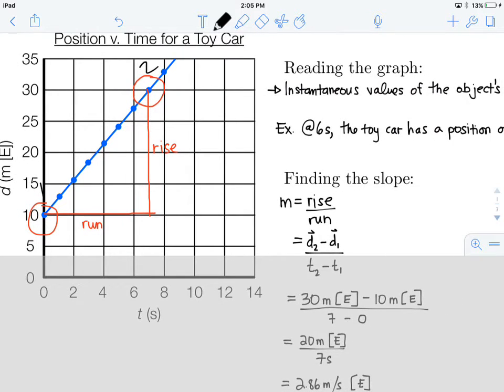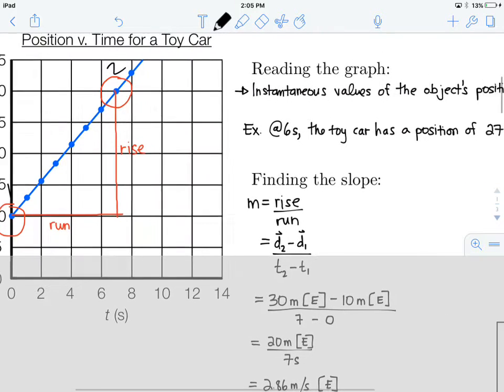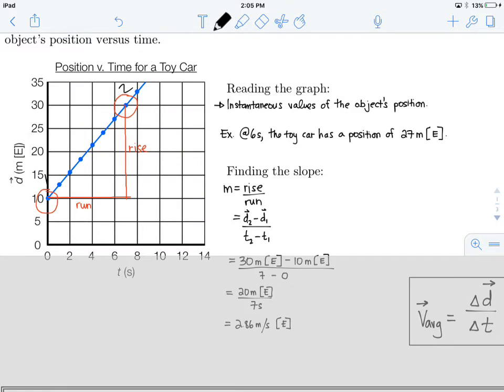So if you were to read this graph, what you would find are instantaneous values of the object's position. Okay, and what that means is that for every instant in time, you can find a value for this object's position.